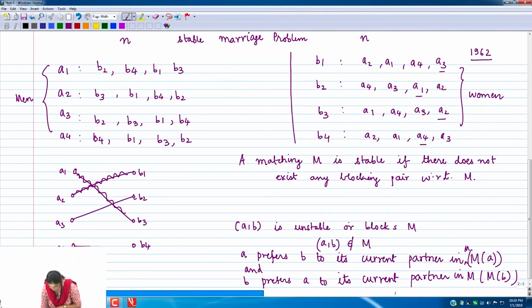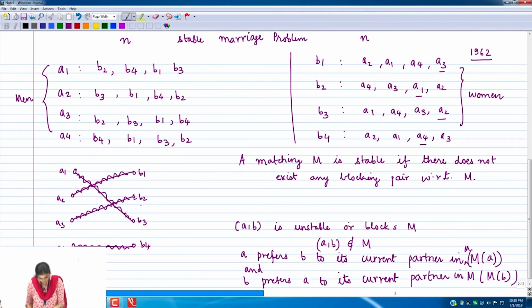A4 B4. Okay, so now I will let you verify whether it is a stable matching. A1 to B3, right? It is stable.